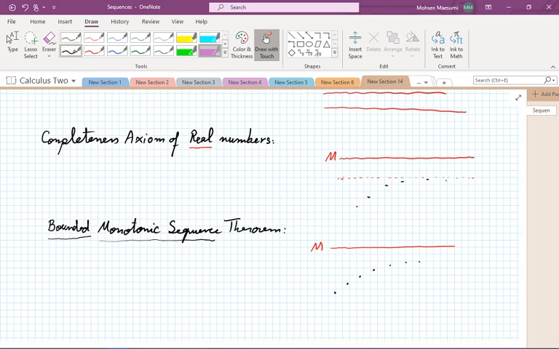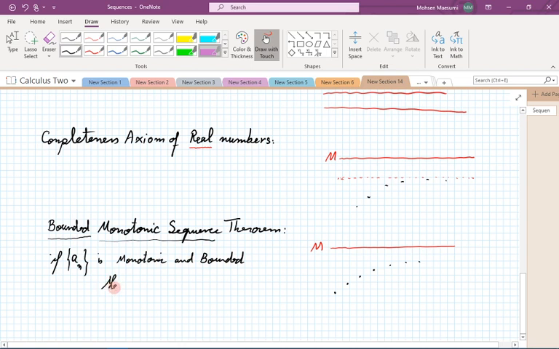So it says the following: if a_n is monotonic and bounded, then the limit of such a sequence exists.